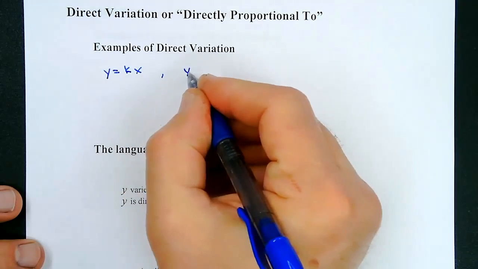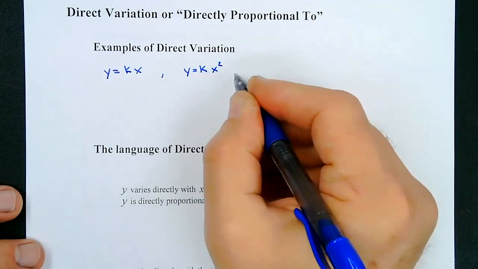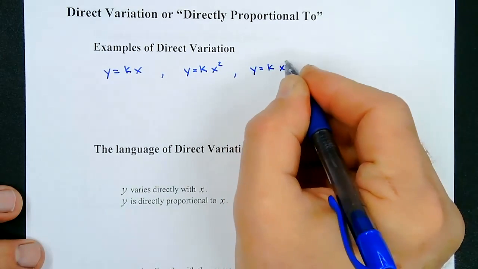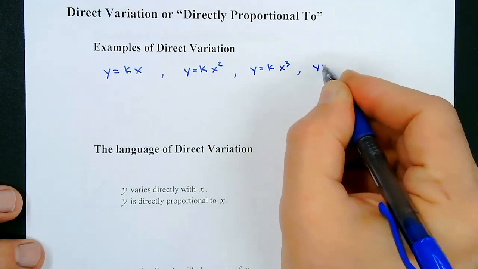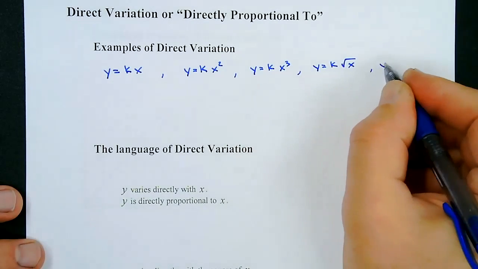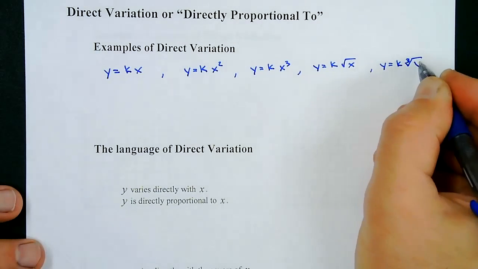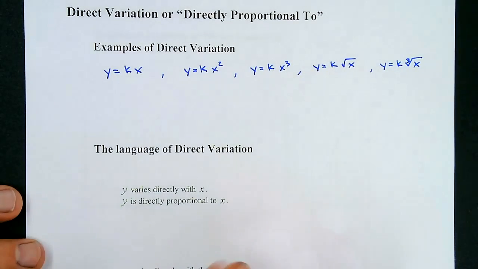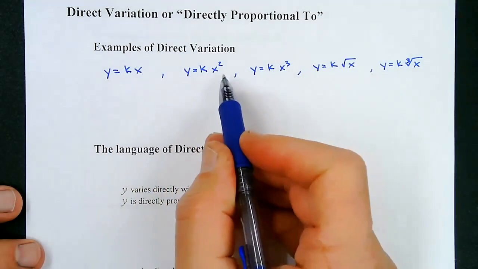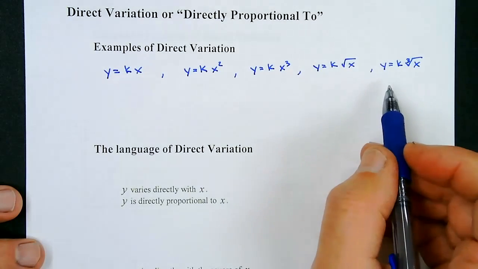Another example would be y equals a constant k times x squared, y equals k times x cubed, y equals k times the square root of x, y equals k times the cube root of x. So it's always going to be some constant times either x or a power of x or a root of x, okay? It's always going to look like that, all right?